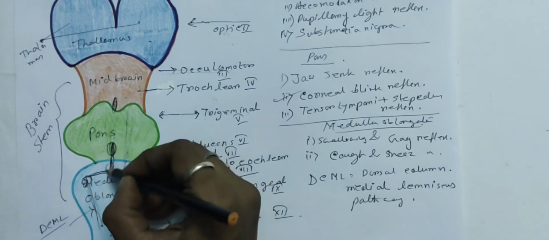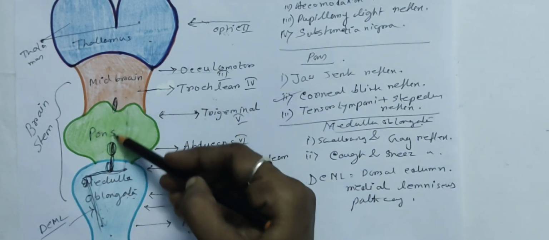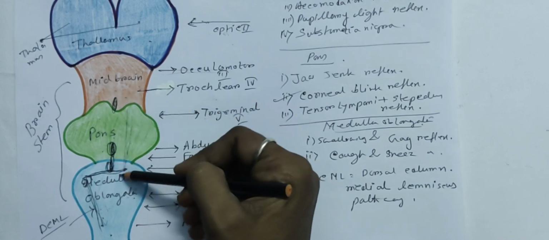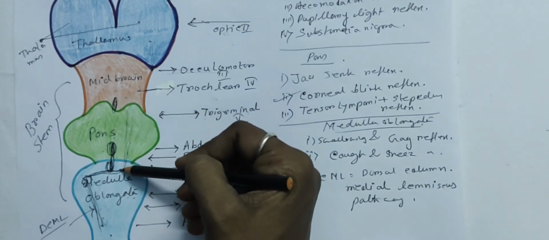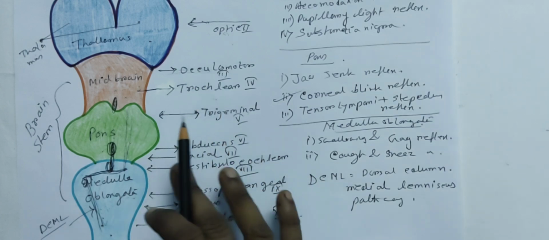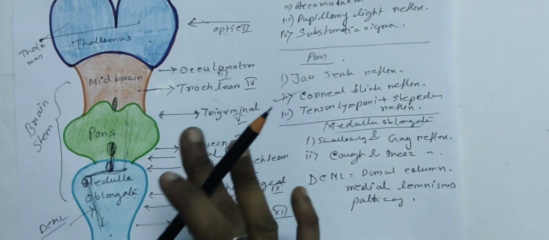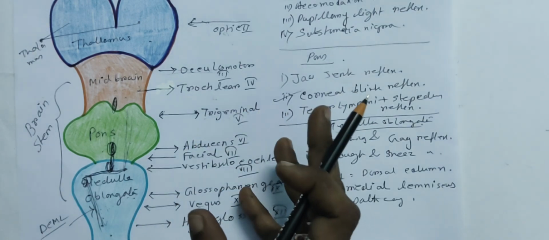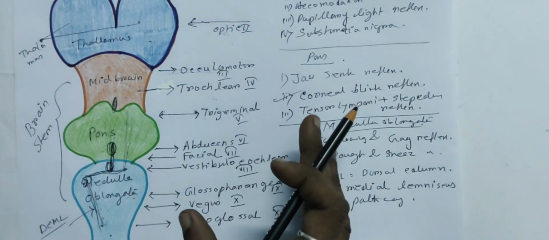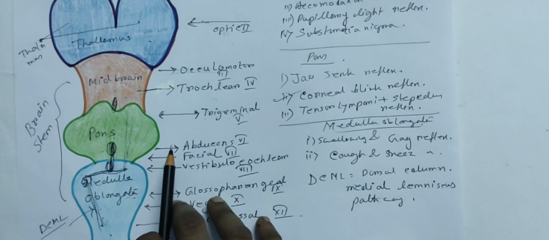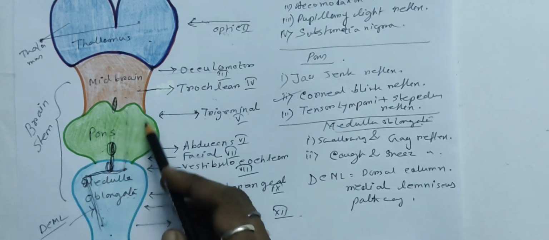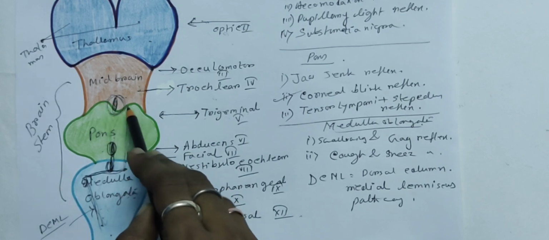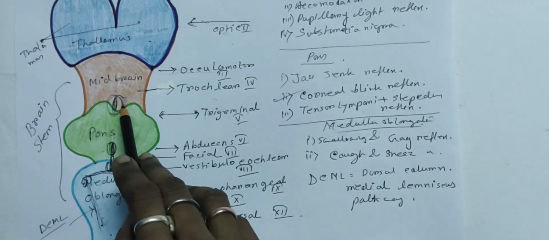Midbrain, pons and medulla form the reticular formation, and they are associated with consciousness and control the biological rhythm, the circadian rhythm.